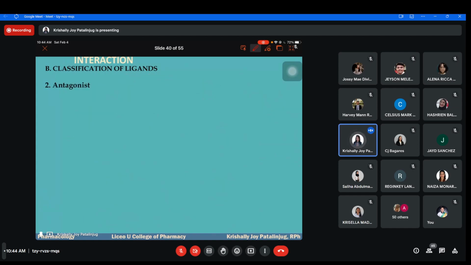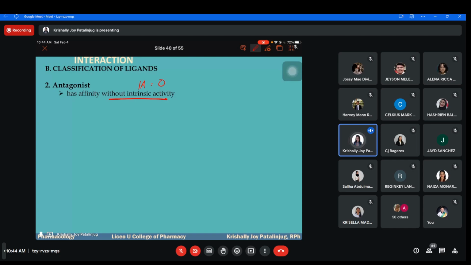Okay, so let me introduce what is an antagonist. Kapag antagonist, talagang zero yung intrinsic activity niya, zero at all. Meaning to say, upon binding to the receptor, it would disrupt the interaction anymore of the other ligands like the agonist or the inverse agonist. Hindi nakakabit doon. Okay? So na-inhibit talaga yung response of that receptor or the receptor activity.